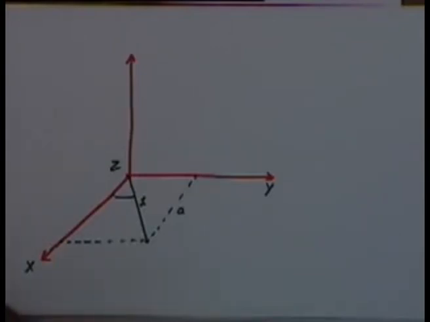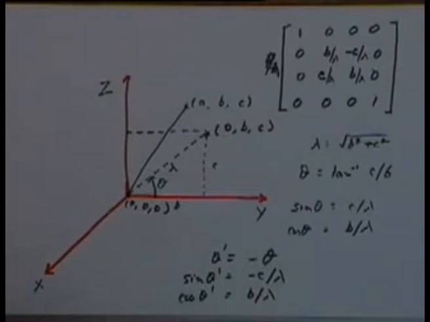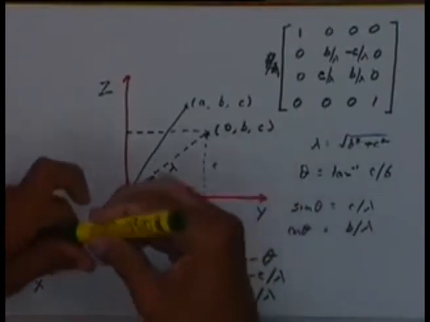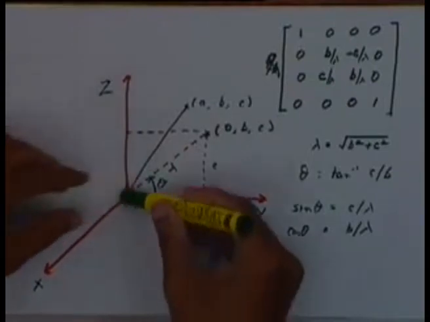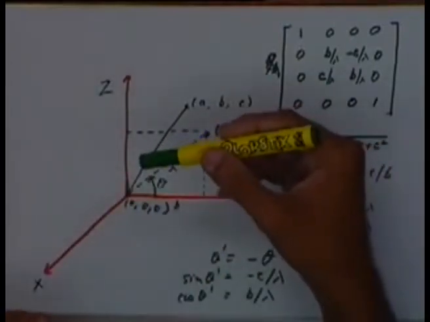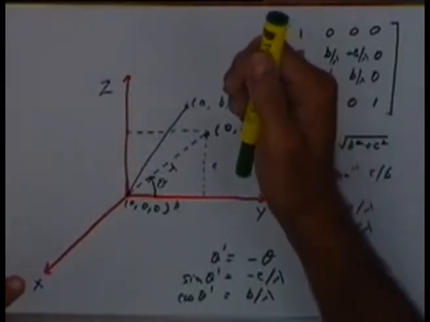Is that okay? See, I have even written the transformation matrix over here. I had a vector like this which is rotated onto the xy plane. The rotation is about the x axis. If I rotate any point about the x axis, its x coordinate remains unchanged.